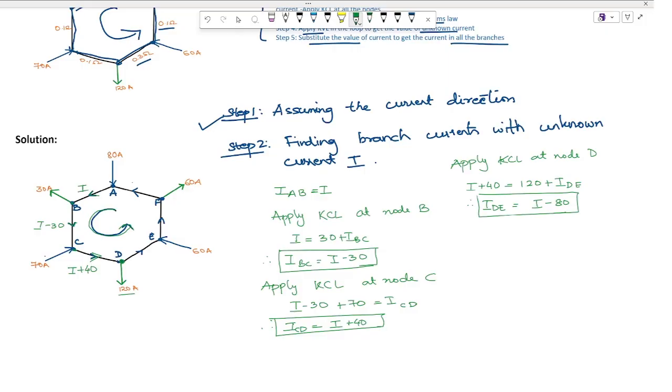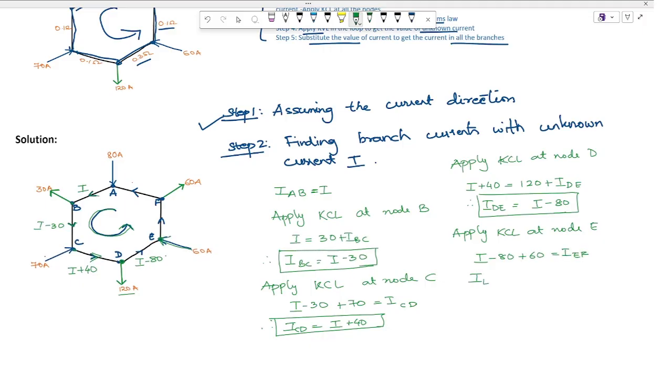Then we have the next node, that is E. I will also write down this value here. At E, we have the incoming current as I minus 80, plus we have 60 amperes coming from external, and this is equal to IEF.